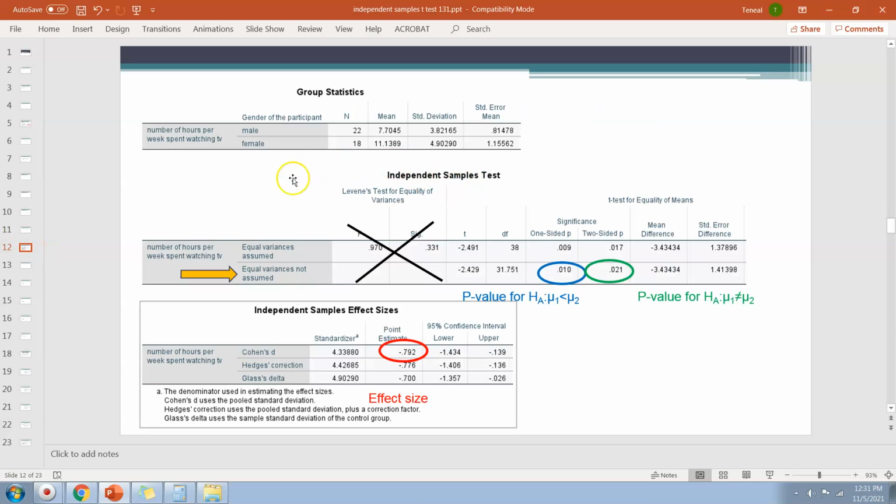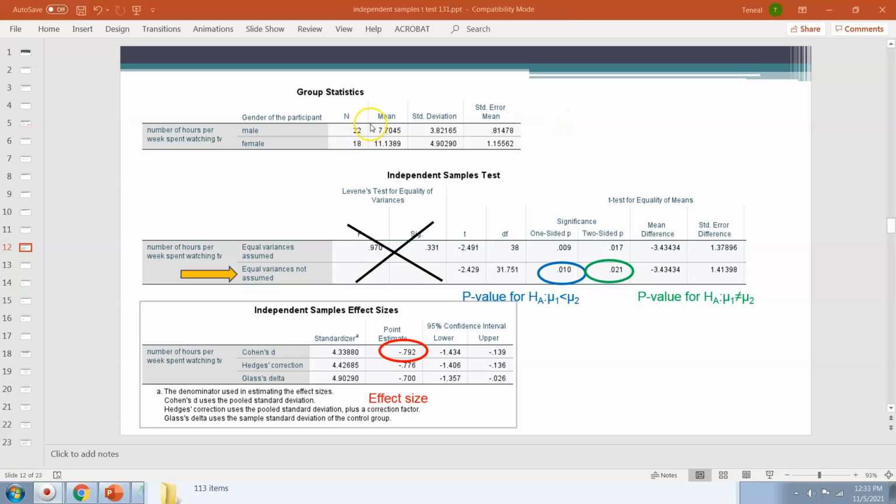So I've copied these over here so it's a little bigger, and I've put some notes on here for you. In the top, you see our summary statistics. I may ask you to discuss these, and if I do, here's what you would say.